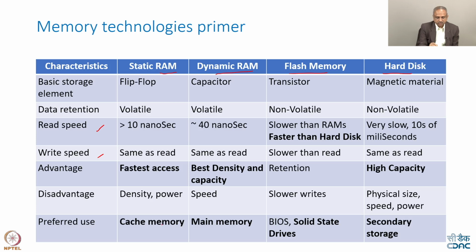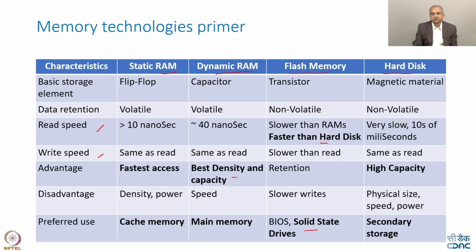Static RAM is used as a cache memory because it gives the fastest access. Dynamic RAM is used as the main memory because it has the best density and capacity. Flash memory is used as an accelerator between the main memory and the hard disk because it is faster than hard disk, and it is used as a solid state drive.